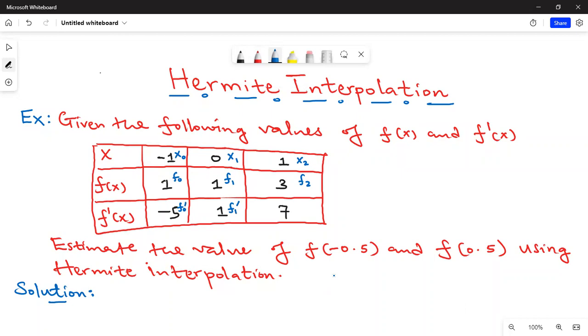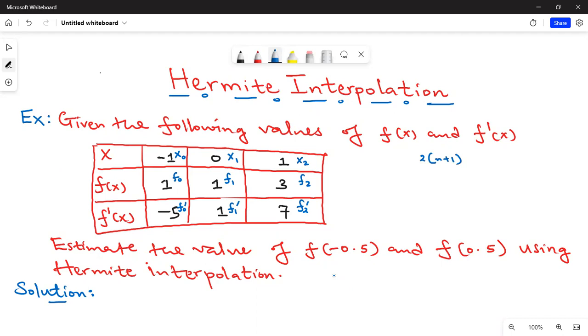f1 prime, f2 prime. You see here, when you talk of Hermite interpolation, there are two conditions to be satisfied. We need an interpolating polynomial that will fit the data for f of x and also f prime of x. So it's like we have 2 into n plus 1 conditions or simply constants that we need in our interpolating polynomial.